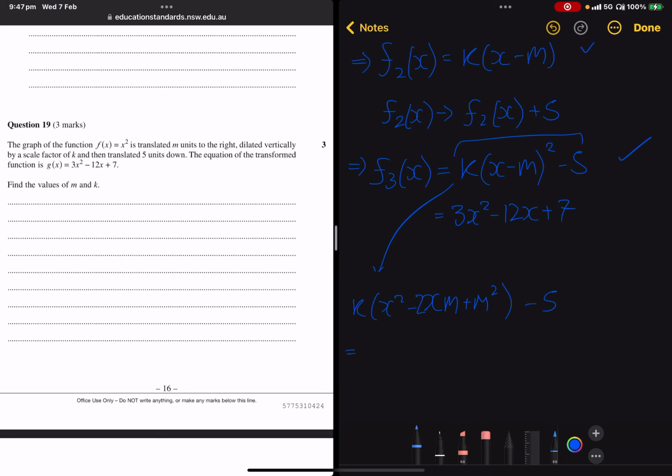Then we expand k in, and we get kx squared minus 2kmx plus m squared k minus 5.